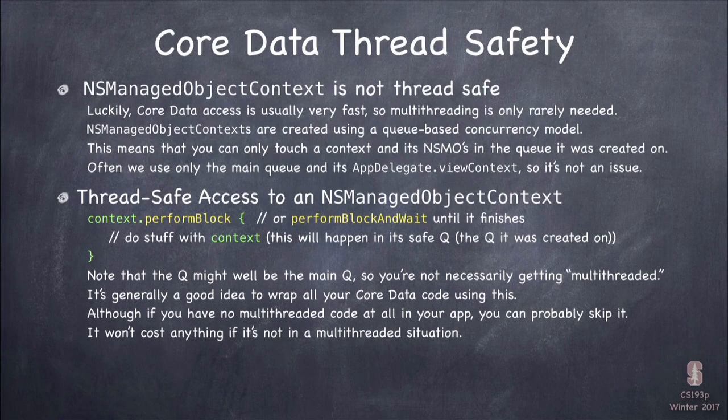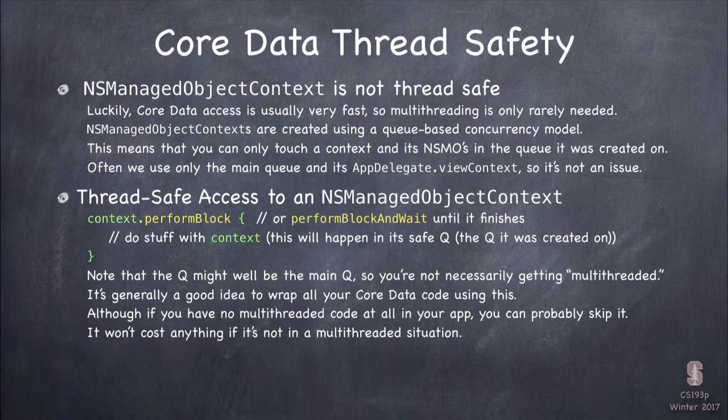So this is a way that you can kind of be safe. And some might argue you should put perform block around every single call to every Core Data thing you ever do, because that will assure that you'll never have a problem where you're accessing the context not on its queue, if you accidentally got some bad code.